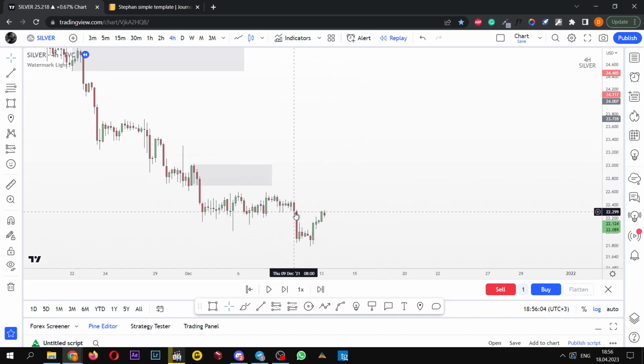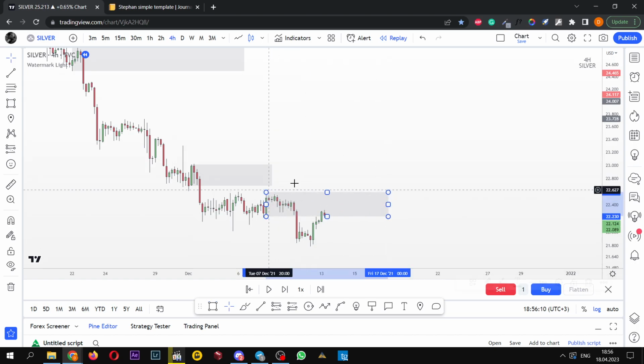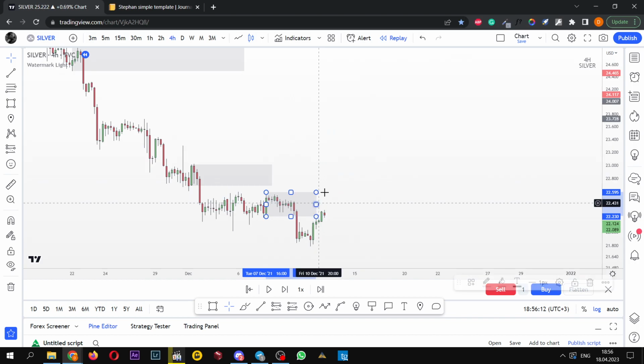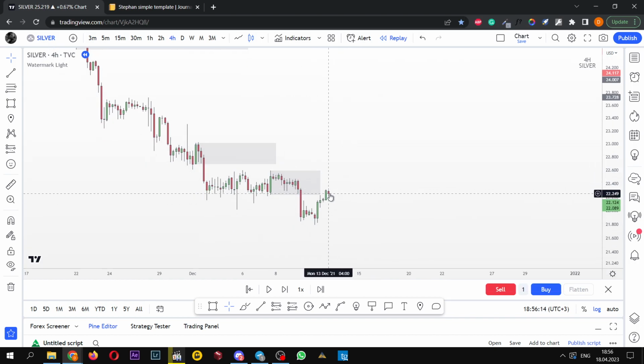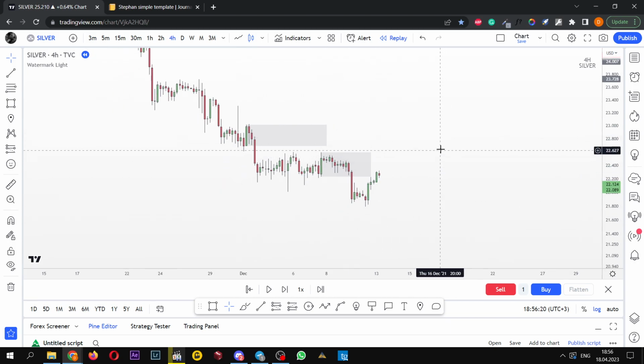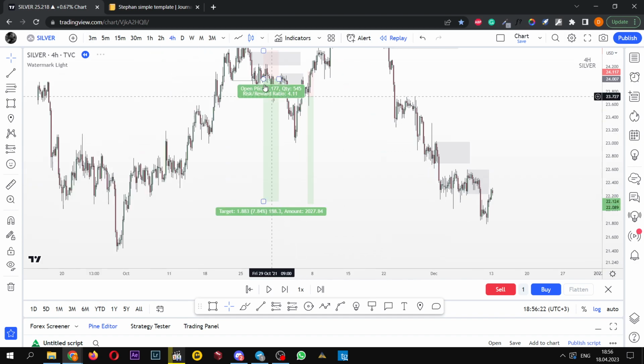Or now this one or that one to the upside. So if the price will go down, we can take this entry, or if it will rebreak back up again, 3 losses for these two zones are possible.